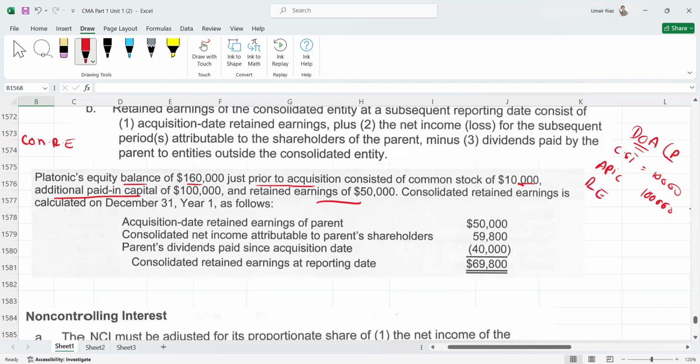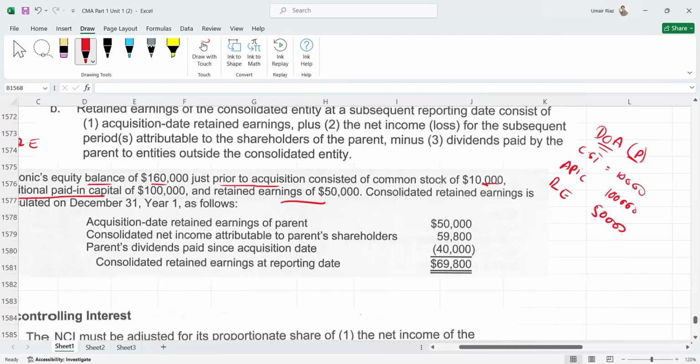This is how it will be shown in consolidated, but we have to do the working now to find out consolidated retained earning.